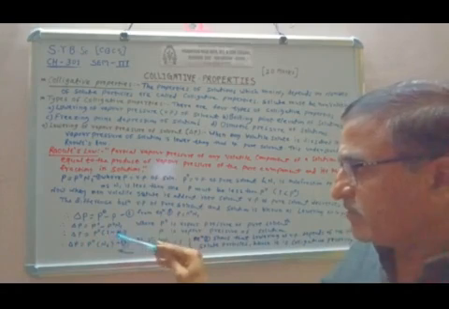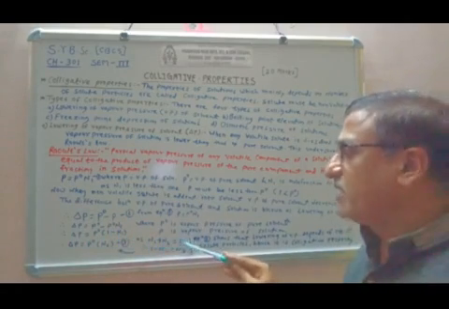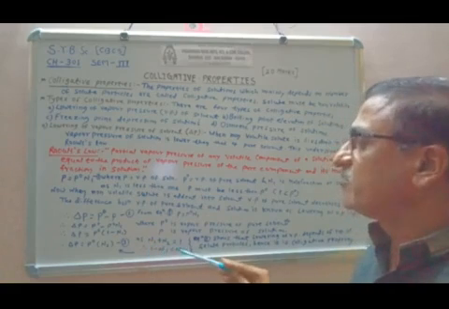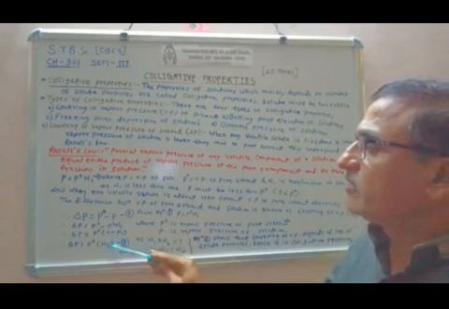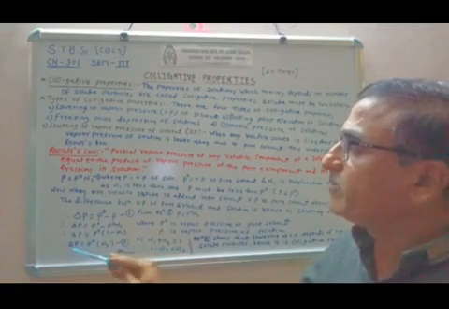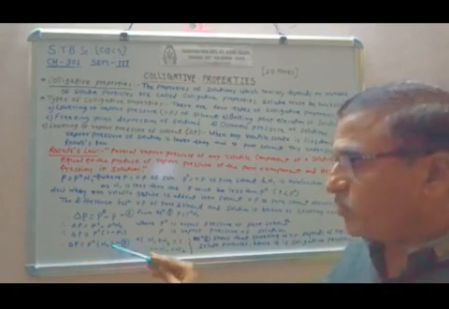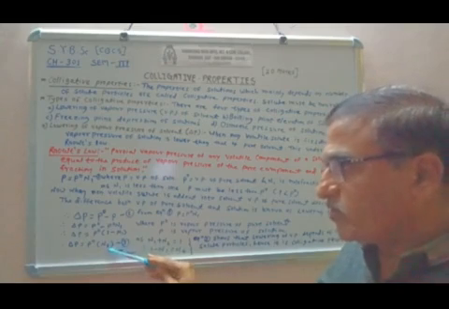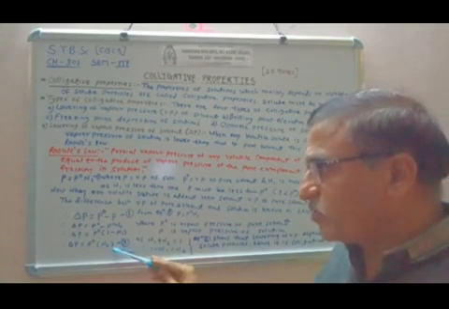Since N1 plus N2 is equal to 1, 1 minus N1 is equal to N2. So delta P is equal to P0 into N2, where N2 is the mole fraction of solute particles.